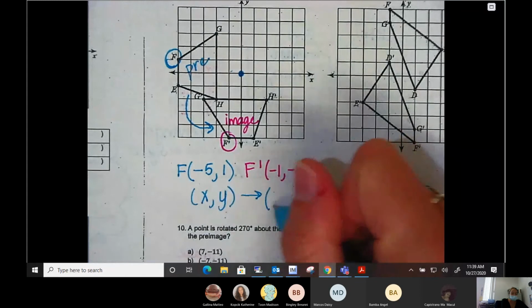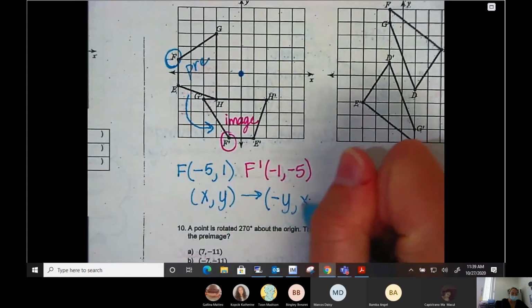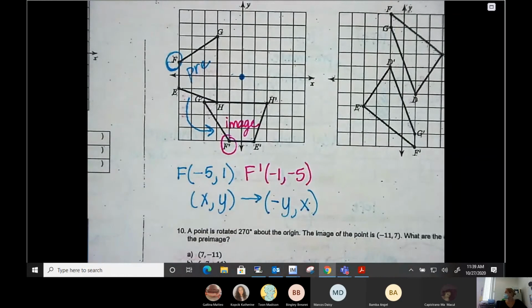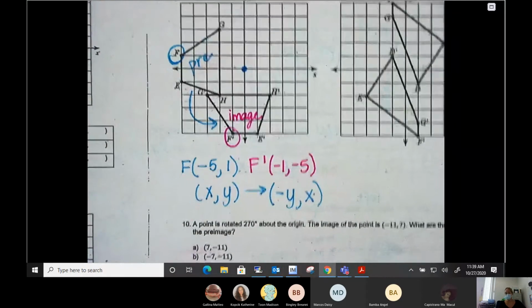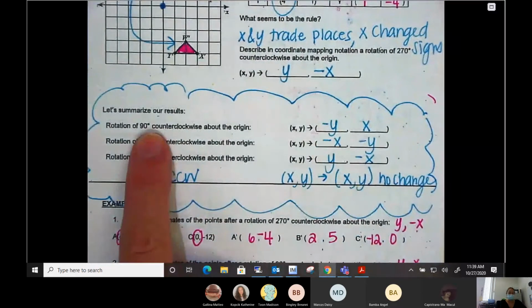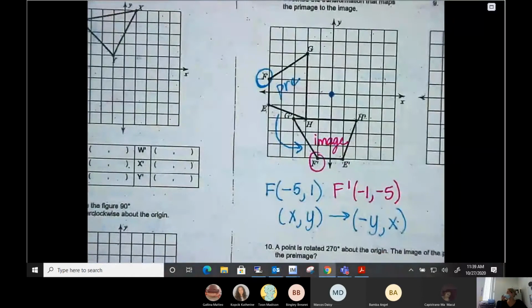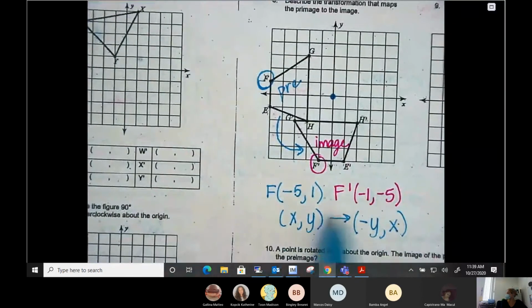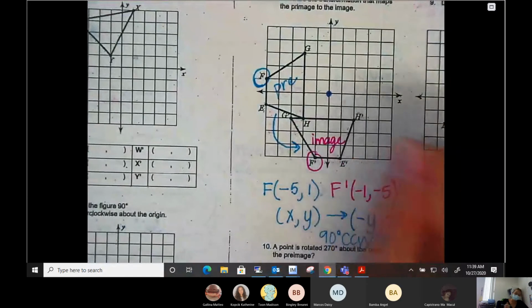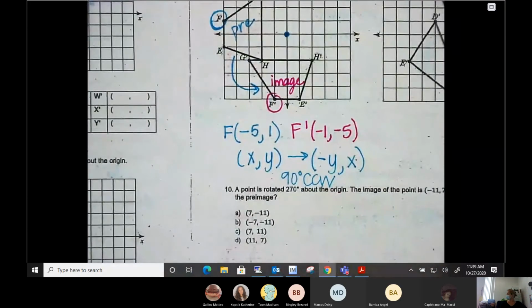So I switched this to -Y, comma X. There's the rule. And which rotation is that? 270. -Y, X is, oh, 90. 90 degrees counterclockwise. Yes, you said 90 degrees, but you did not write the rule, which is what I'm looking for. So I'm looking for the rule, and I'm looking for what type of rotation it is.